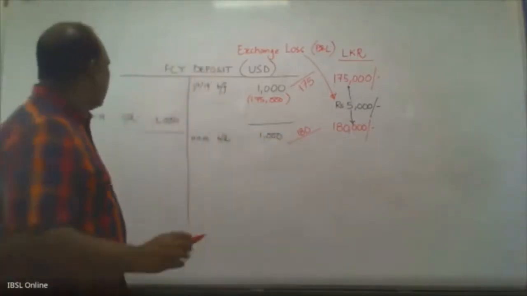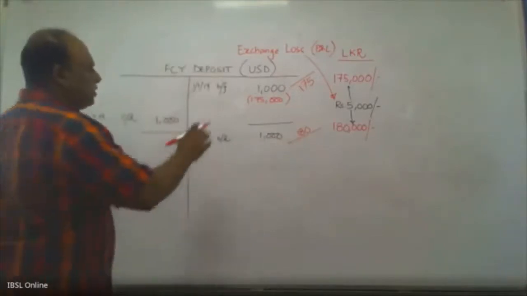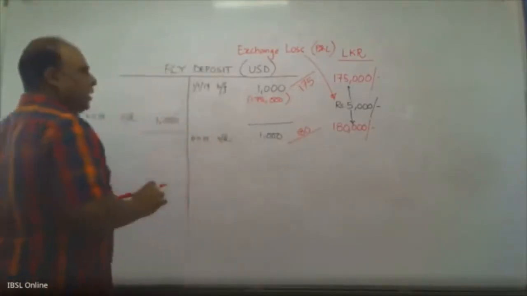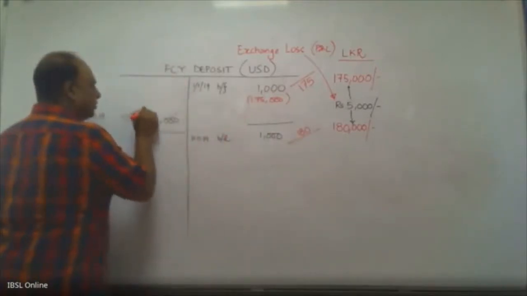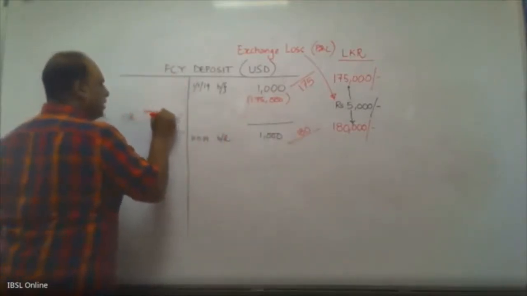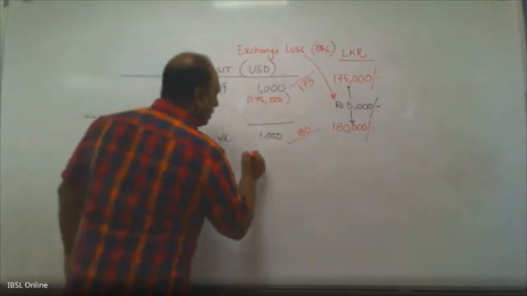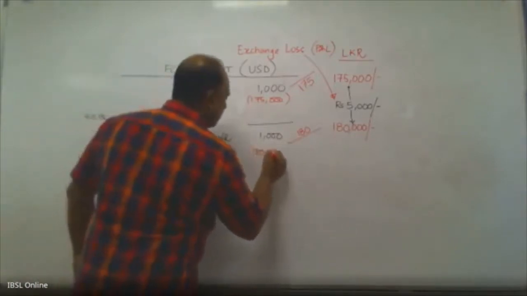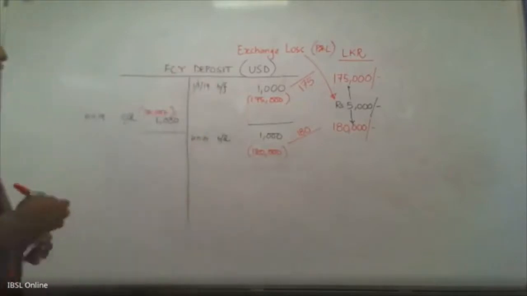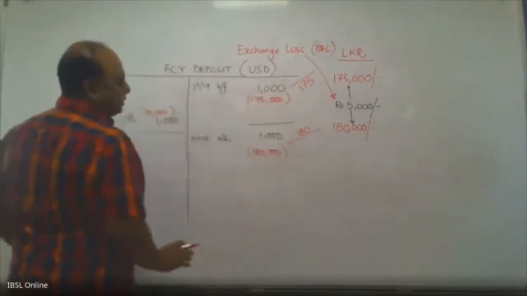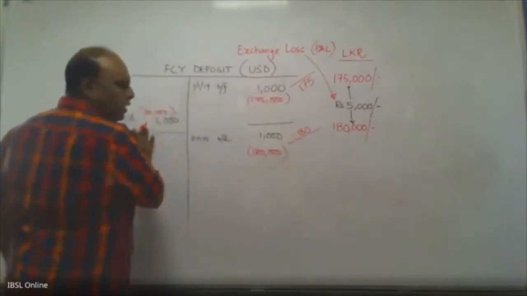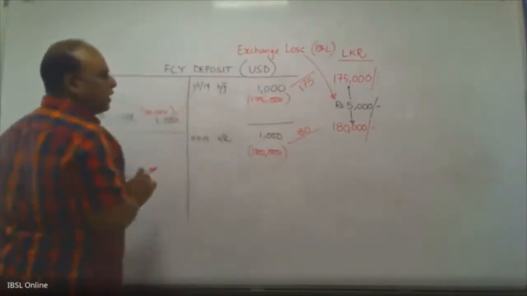Earlier it was 175,000. Now it has gone up to 180,000 because of the dollar rate. Now, if you look at it at this level, for you to balance, this side you have 180,000, this side you have only 175,000.